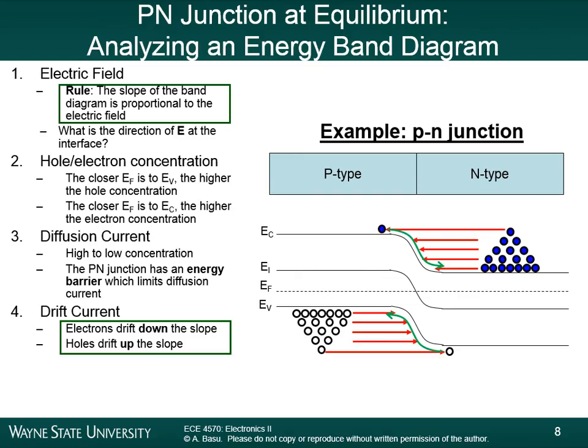Okay, I think that when I first studied this, the most confusing part for me was this idea that holes go up the slope, electrons go down the slope. The electrons going down the slope sort of makes sense because electrons like to occupy the lowest energy state. So if there are a whole bunch of energy states here, you can imagine the electron hopping to this energy state, then to this energy state.